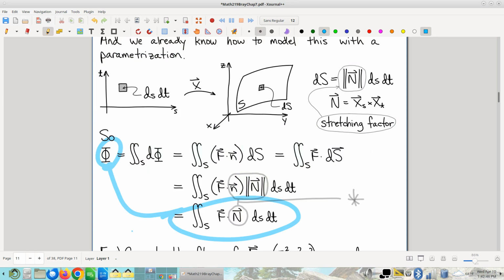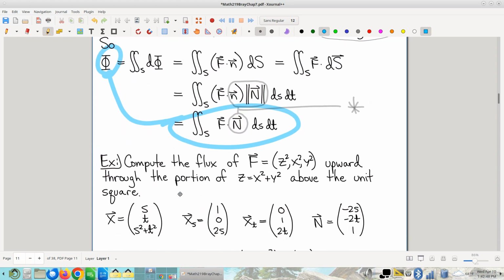And I think the last thing we did last time was to actually apply that formula to compute a flux, all of which is based on a parameterization. Remember, the capital N is computed from a parameterization. We do pullbacks of x, y, and z by way of the parameterization. And so all of this is computable through the parameterization.